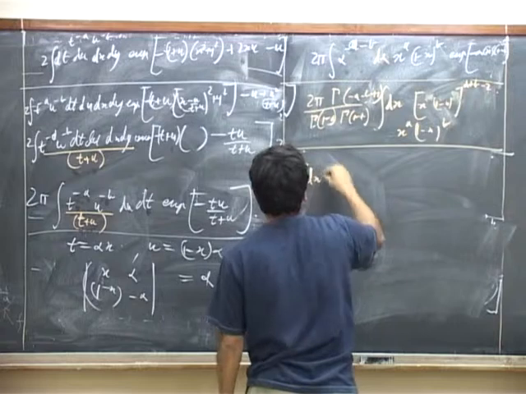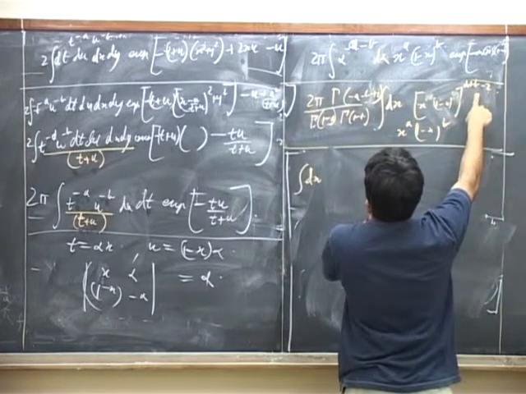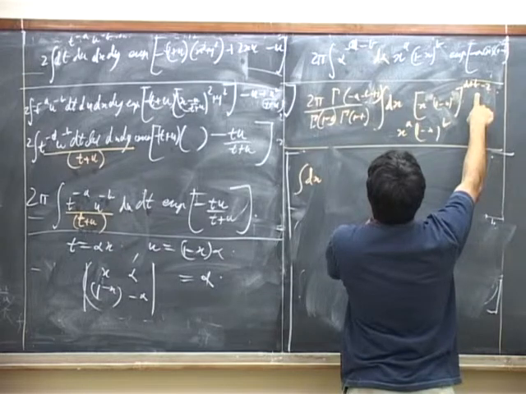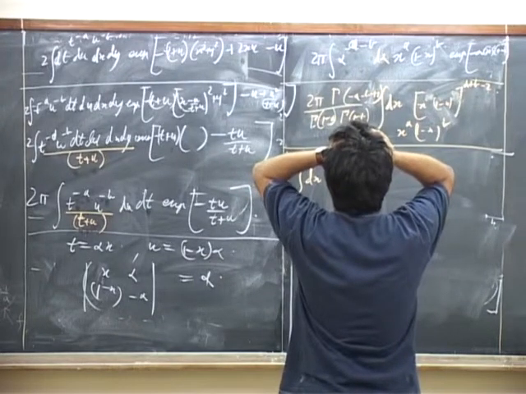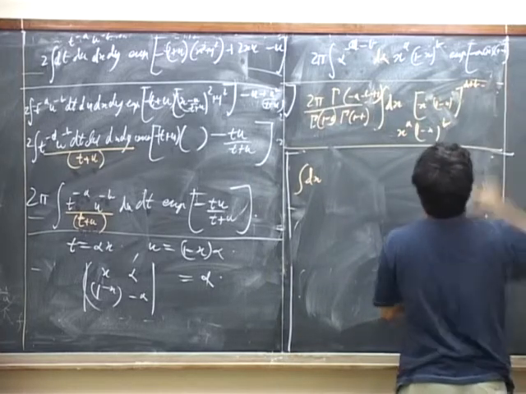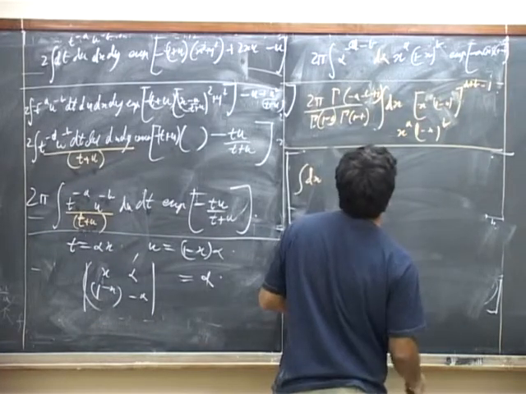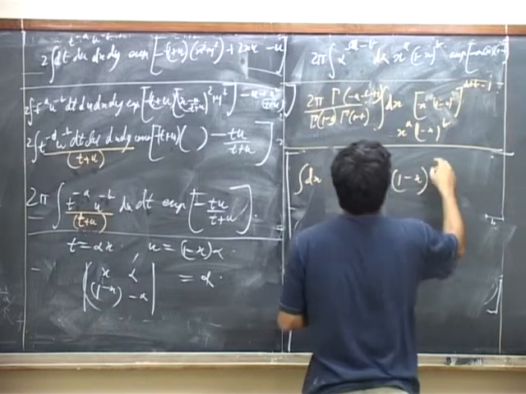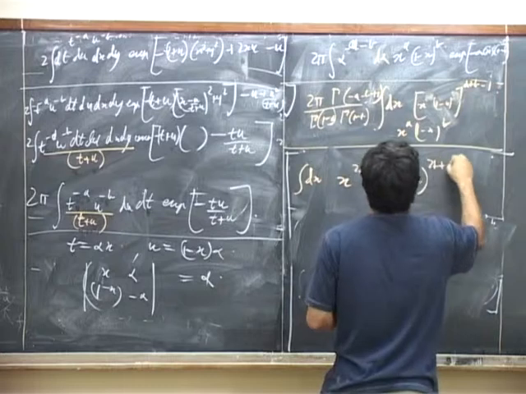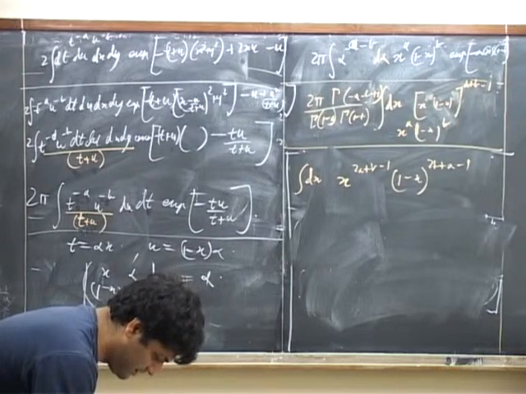The remaining integral is dx into x to the power 2a plus b minus 1, times 1 minus x to the power 2b plus a minus 1. Did I get this part right? I'm hoping this is the right thing, but let's see.